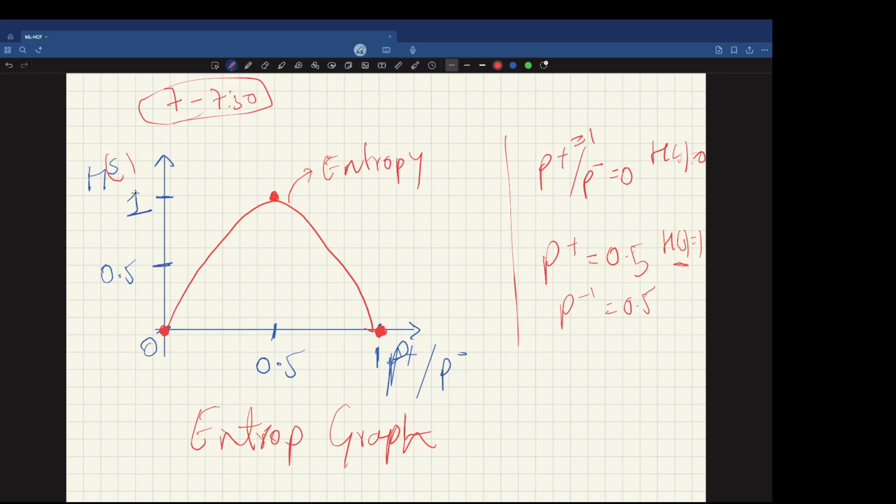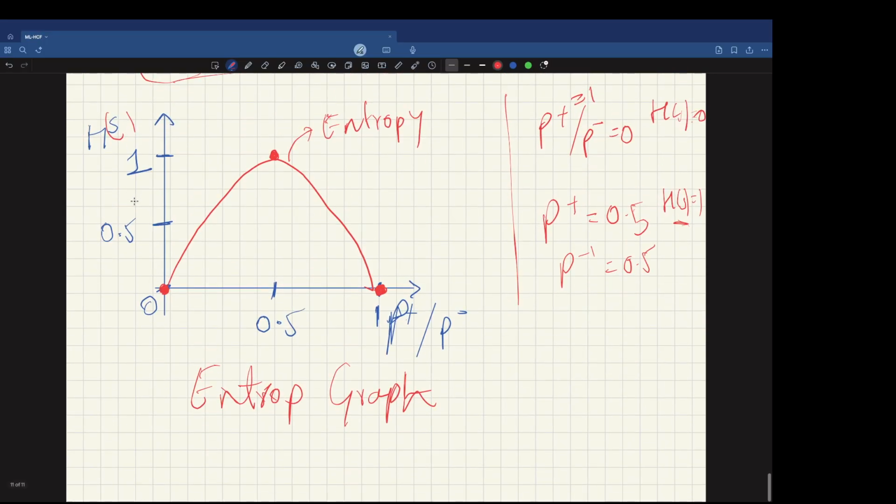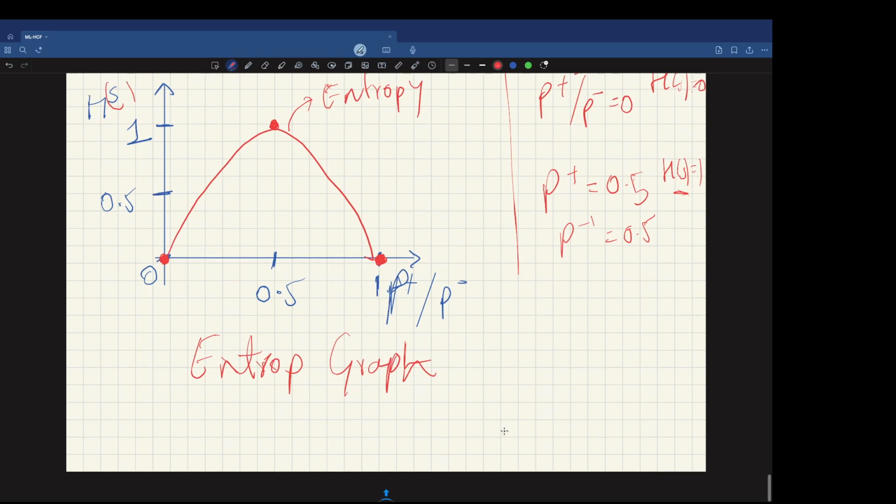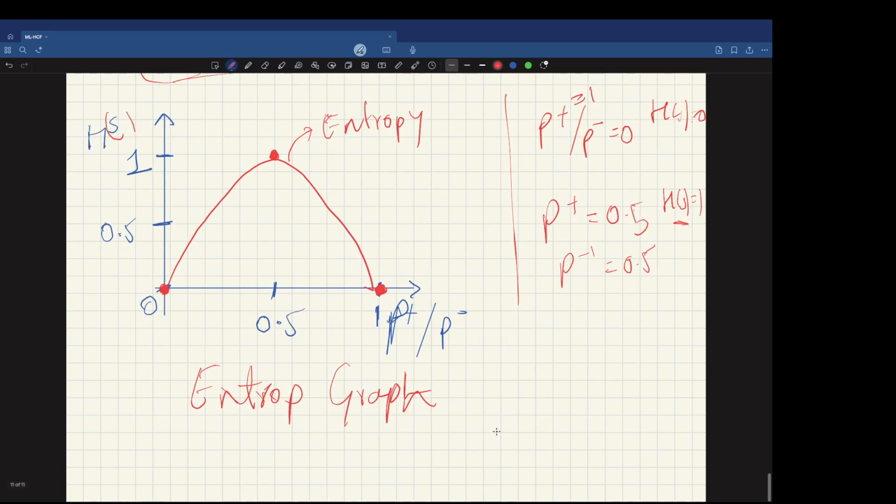Okay. Now we will talk about Gini impurity. Should I proceed with Gini impurity, or does anybody have any kind of doubt you want to ask? Should I proceed, guys?